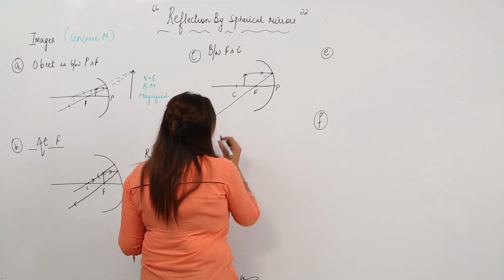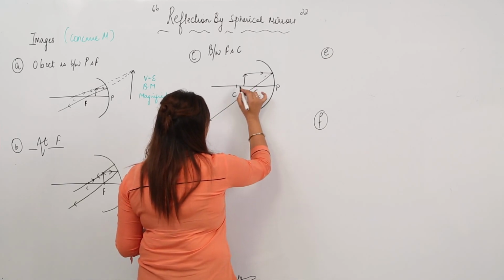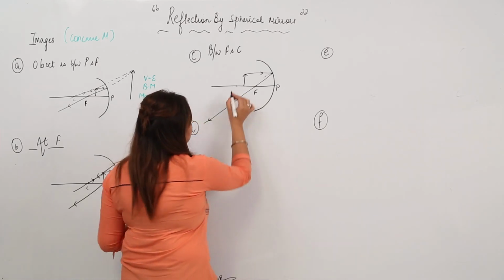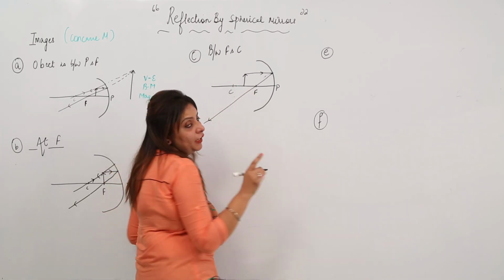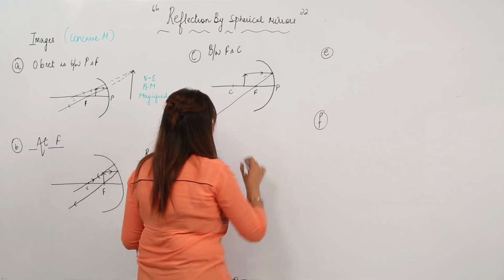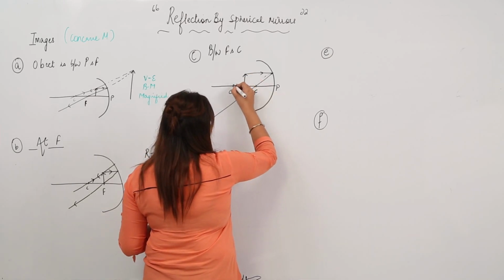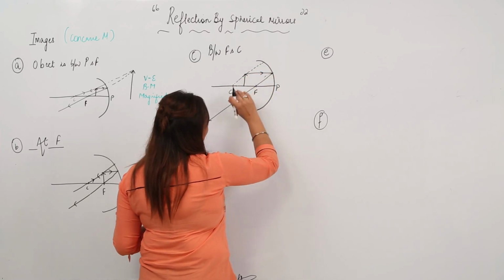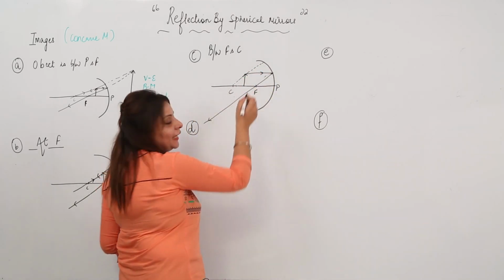And in the other case, I am taking a ray coming from C. As I am making it with a rough hand, I am not taking the appropriate distance, but whenever you make it, just take the appropriate distance. Whenever you draw a ray from C, don't make it like this as I am making.